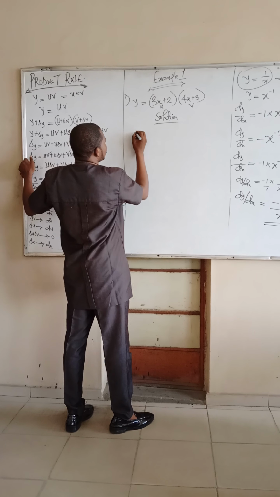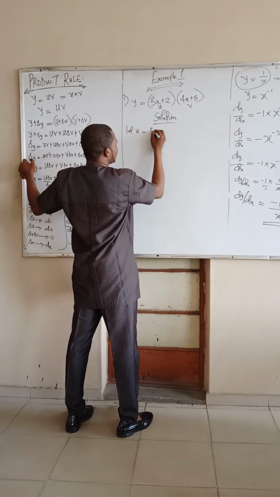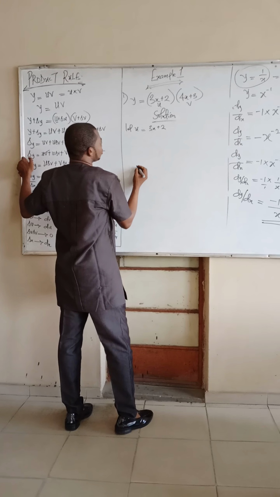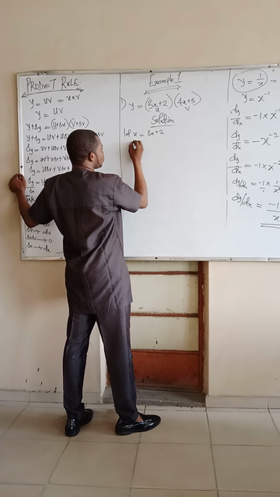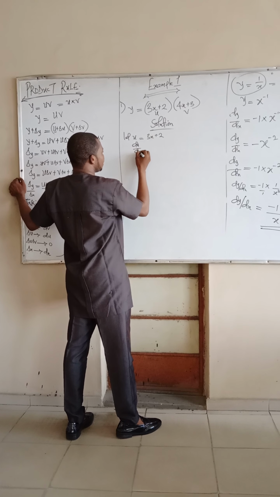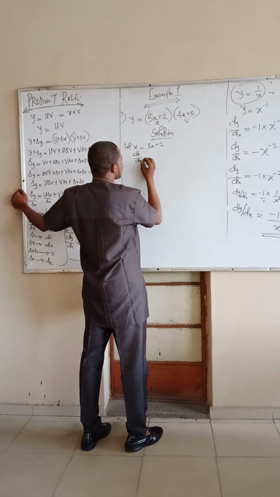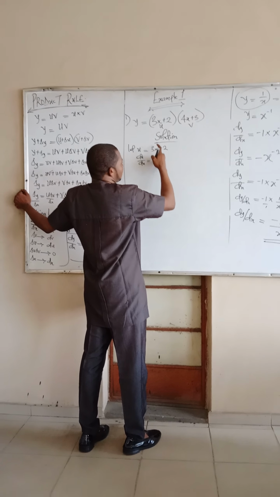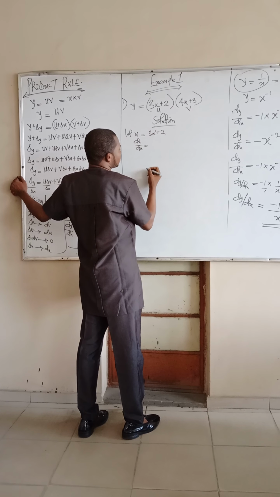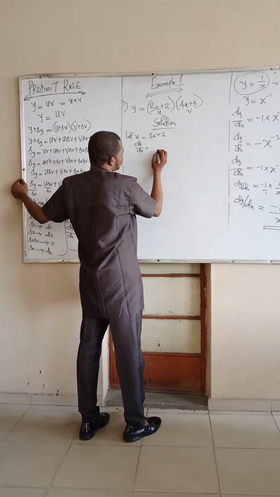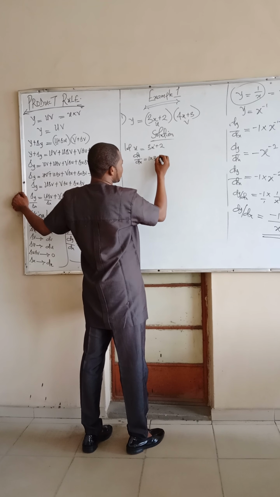So by virtue of that, I will now say let u be equal to 3x plus 2. So I'm going to differentiate u with respect to x. That will give me du/dx. In differentiating this, the power comes down. This x has an invisible power 1, so it comes down and becomes 1 times 3x to the power 1 minus 1.